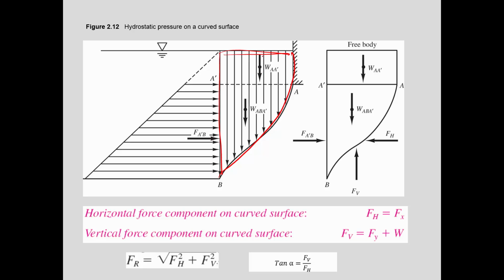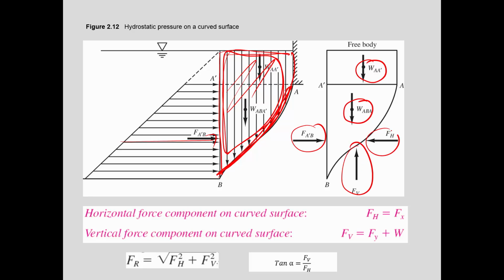There's a vertical component, which is the weight of the water on top of this surface. And then, of course, there's the horizontal component from the pressure from the water on the side. So you have a vertical and a horizontal.